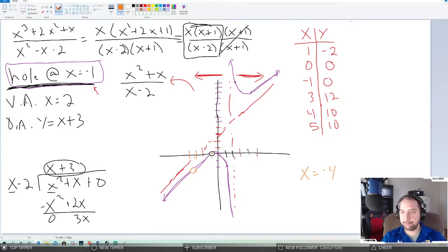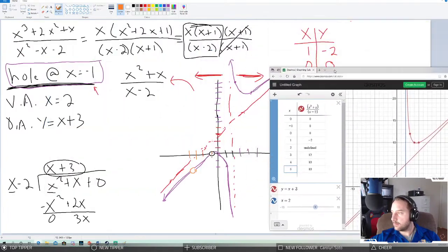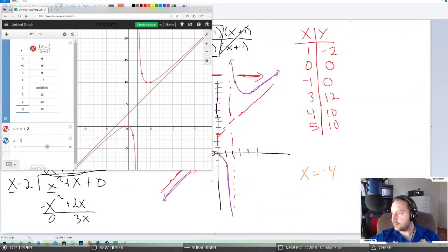Okay, questions on that? Let's look at it on Desmos. Here, I'll make it smaller.